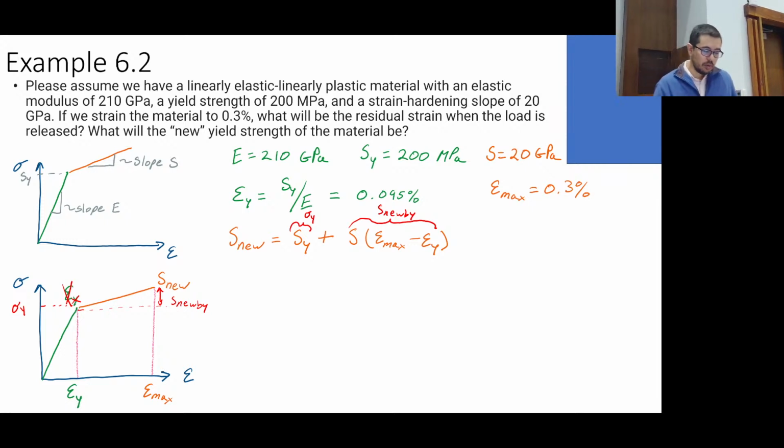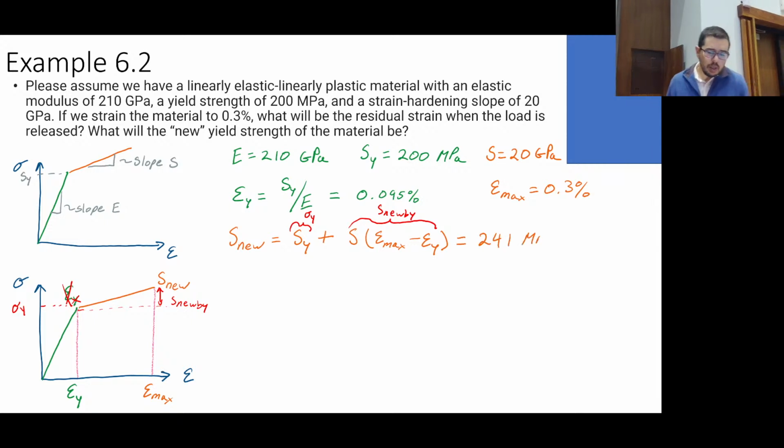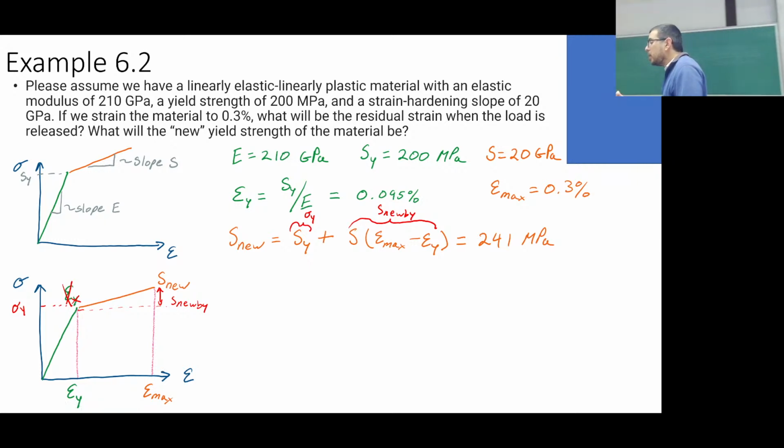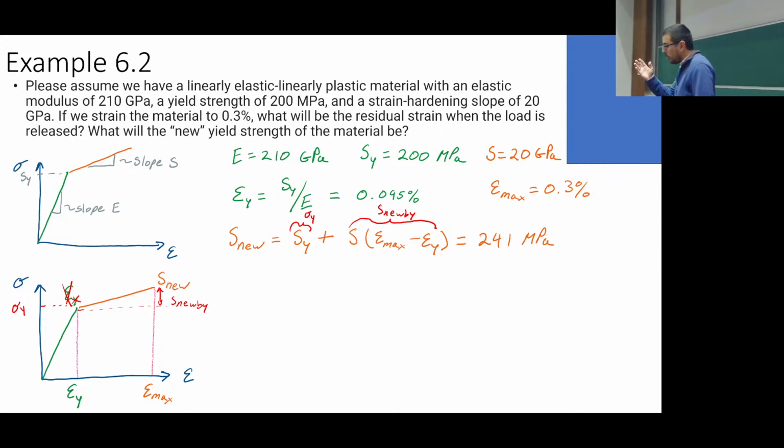So we can calculate out what S nu is, and that's interesting. That answers this question here: what will the new yield strength of the material be? Because remember, we load it, and then if we unload it, it comes back down.